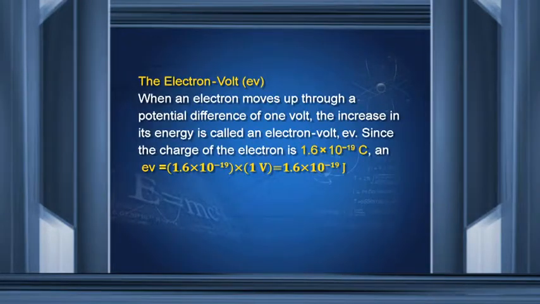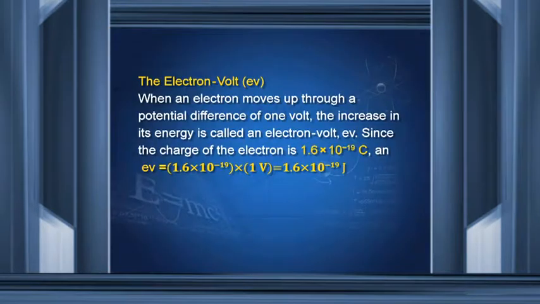Electron volt is an important quantity, and we use it very often in electric field and atomic physics and so on. And what is this electron volt? Electron volt is the increase in the energy of an electron when an electron moves up through a potential difference of 1 volt; the electron moves in the opposite direction to the electric field.